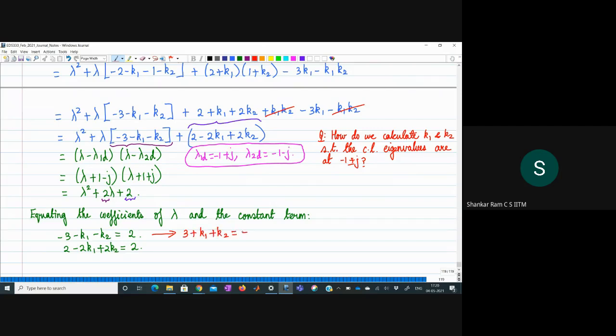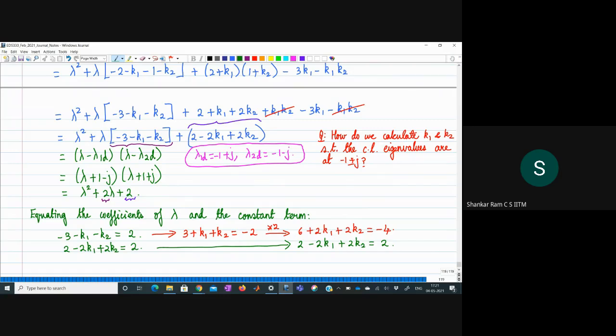We will get 3 plus k1 plus k2 equals minus 2. And let's say we multiply this on both sides by 2. So we'll get 6 plus 2k1 plus 2k2 is equal to minus 4. The other equation, if we just transfer it here, is 2 minus 2k1 plus 2k2 equal to plus 2.